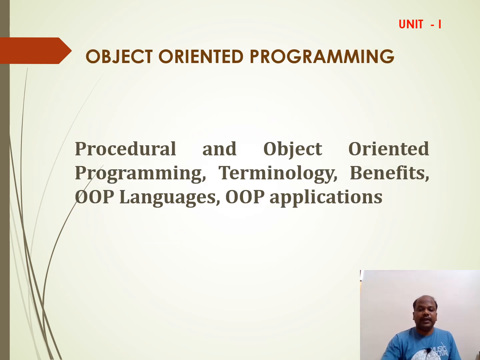And the third topic in unit 1 is object oriented programming. This is completely a theoretical topic which tells us about procedural and object oriented programming. Remember that C and C++ are quite similar.